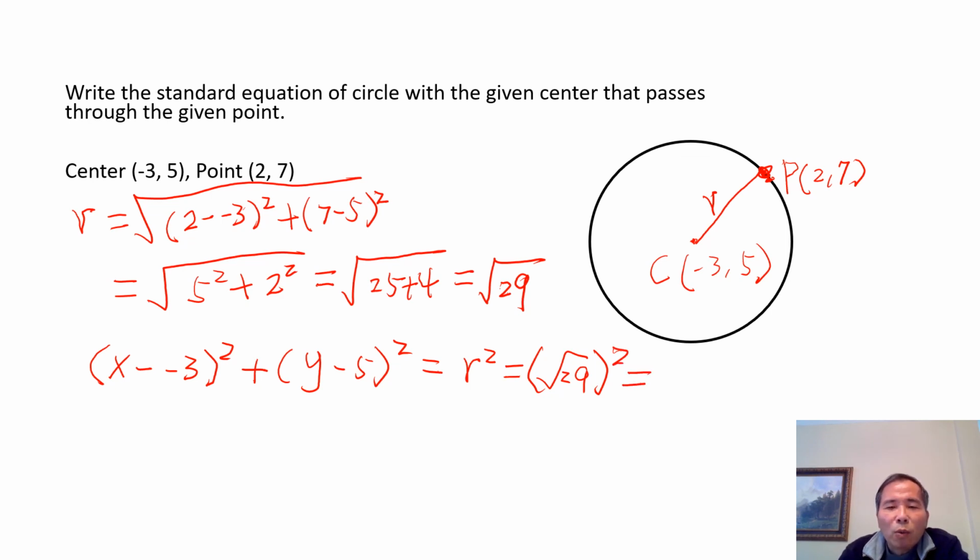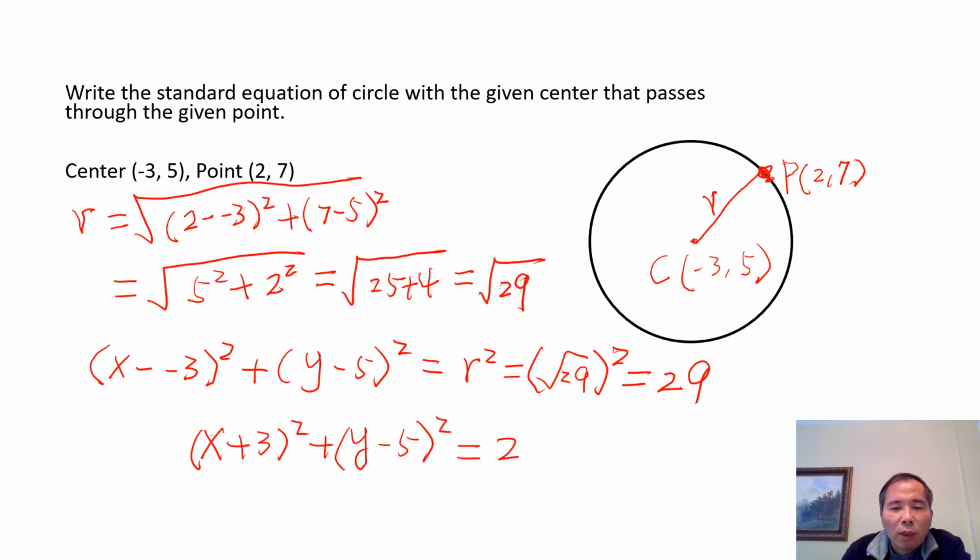The square root and the square cancel each other, so it is 29. Remember, 29 is r squared. Eventually we tidy it: (x plus 3) squared plus (y minus 5) squared equals 29. That is the standard equation of the circle.